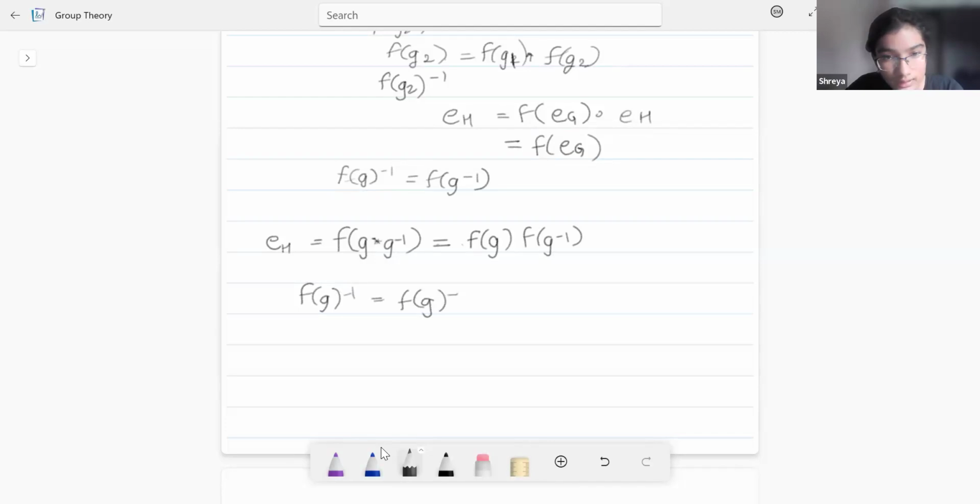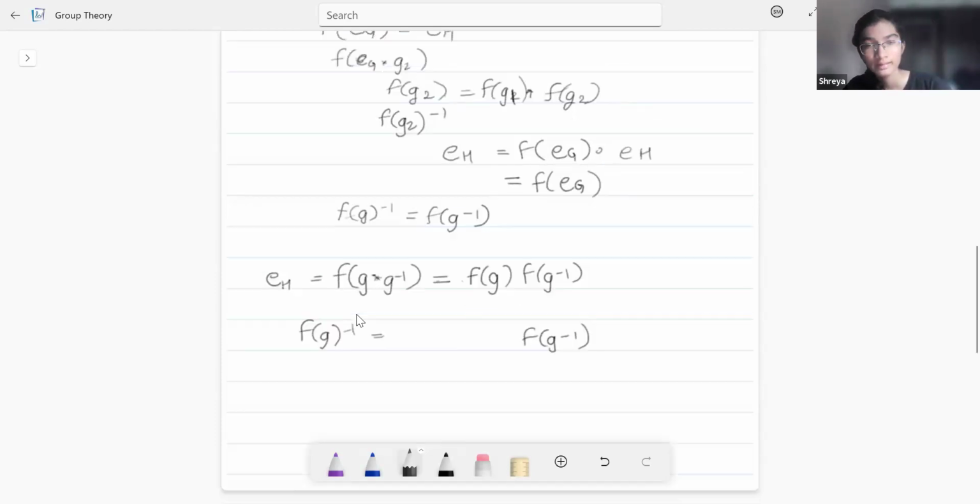So these things cancel, times f of g. So these things both cancel to give identity. And then identity times anything is that. Then we are done.